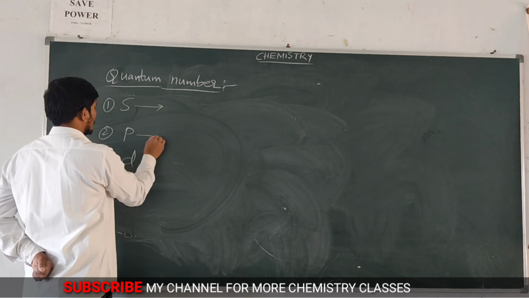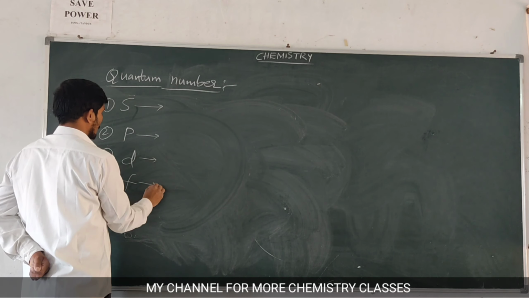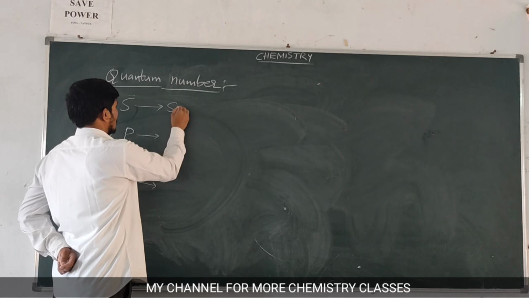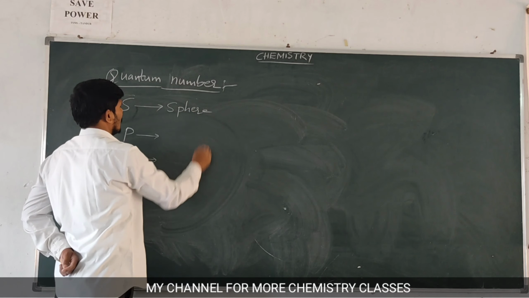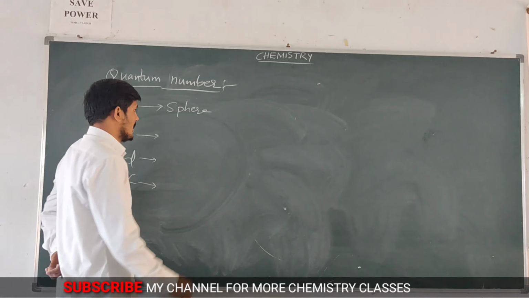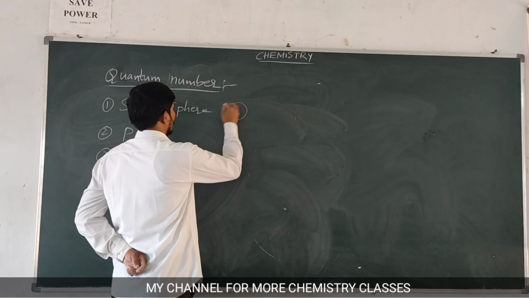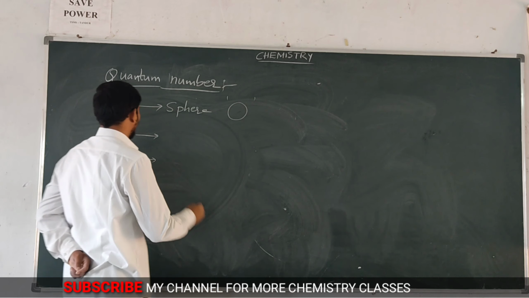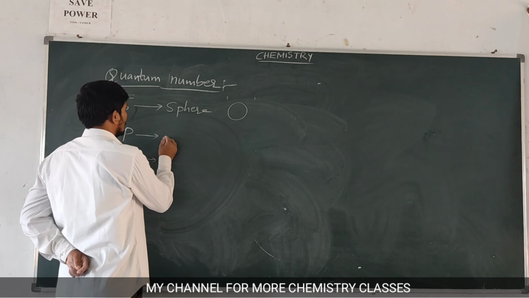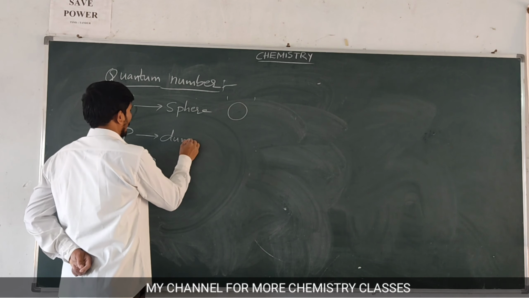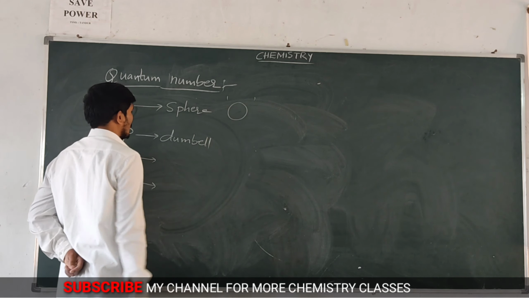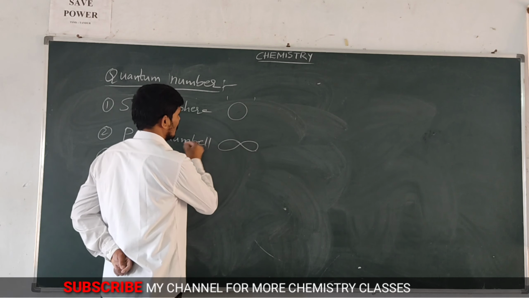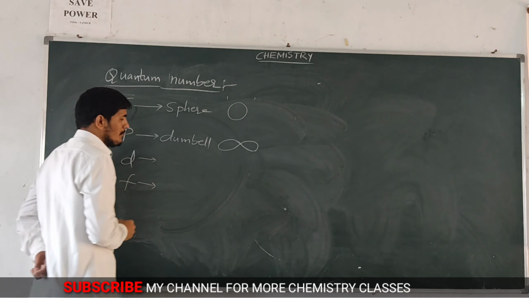The s orbital is in the shape of a sphere. The p orbital is dumbbell shaped, like this. This is the dumbbell shape.